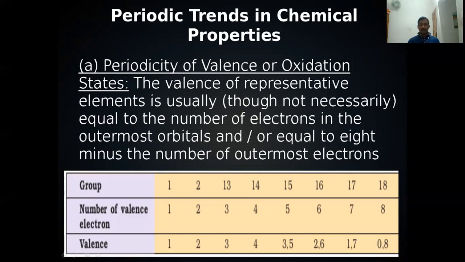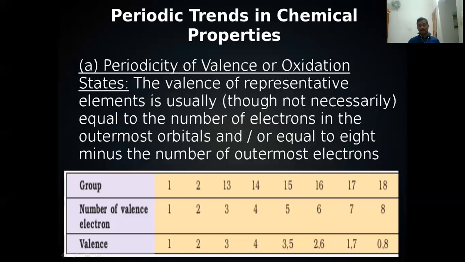Group 15 requires 3 more electrons to get the noble gas configuration. So it shows valency 3 and 5, that is 8 minus 5, and 5. Group 16 requires only 2 more electrons, so it has valency 2 and 6. Group 17 has 7 electrons, and only 1 more electron is needed, so it has valency 1 or 7.